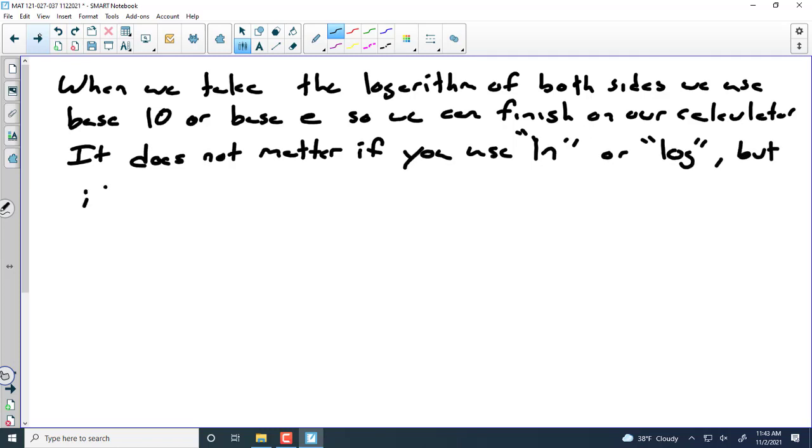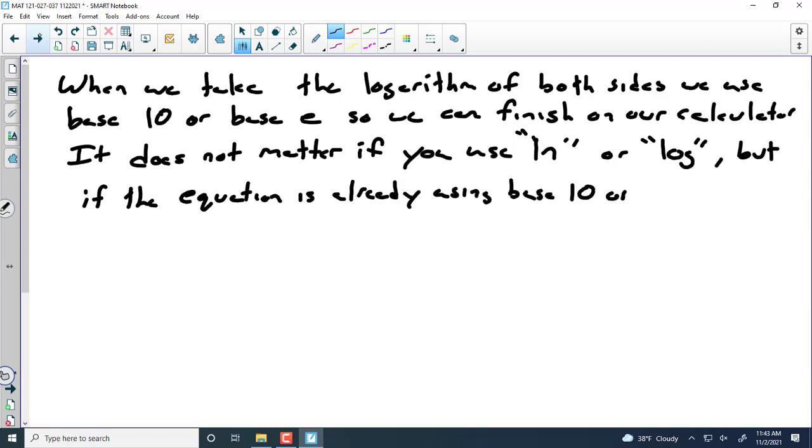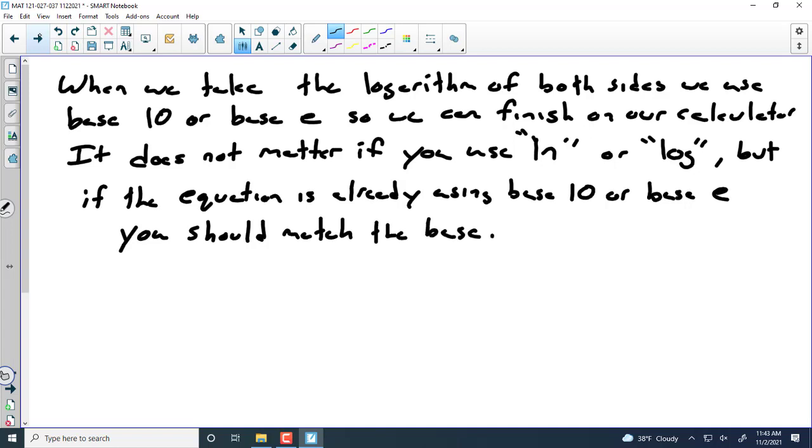But if the equation is already using base 10 or base e, you should match the base.